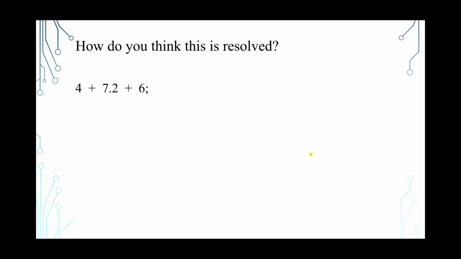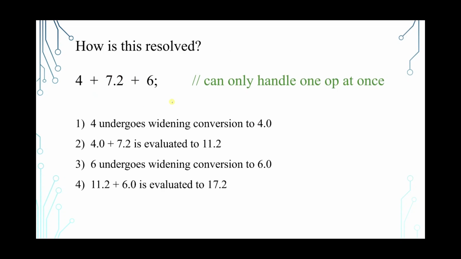So how do you think this is resolved? This one, this one, this one, and the plus operations among them. Basically, it is going to handle one operation at a time, always from left to right.